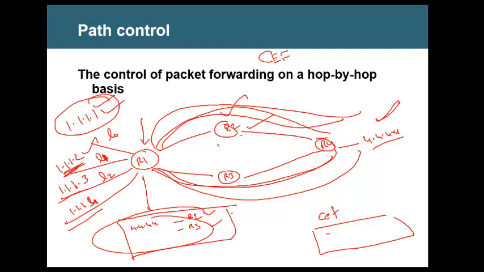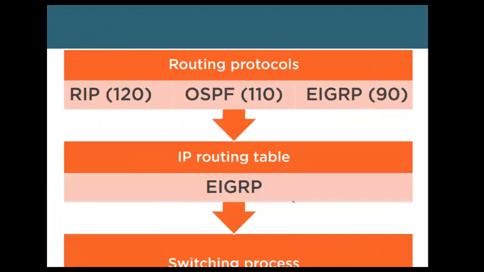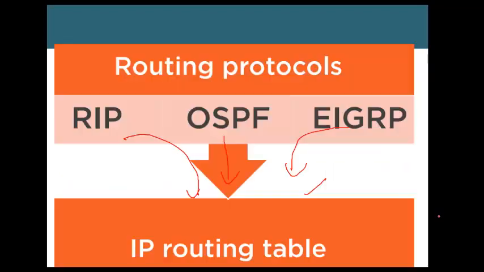When this source goes to this destination, R3 is the gateway. So CEF decides that. That's what we saw here. It's the switching process that decides the path. CEF is the switching process that most of the Cisco routers are following.